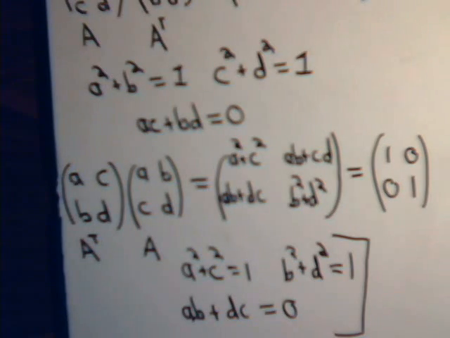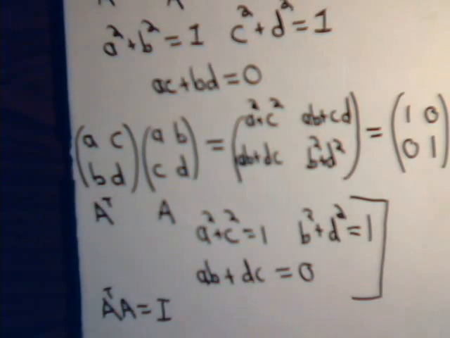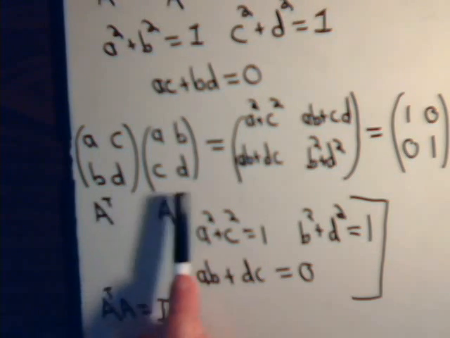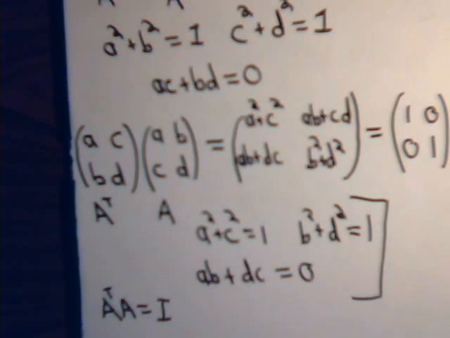So this equation tells us that the columns of an orthogonal matrix are orthonormal. They have unit magnitude and they're orthogonal to one another.